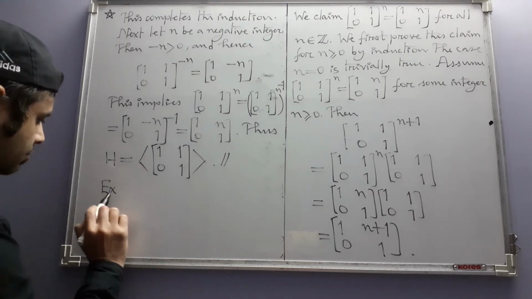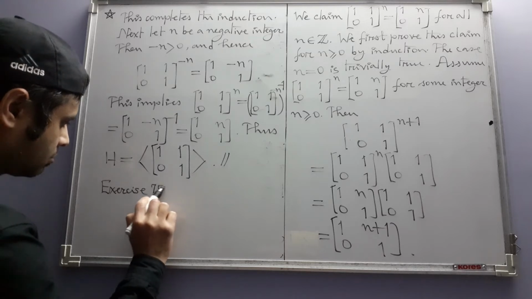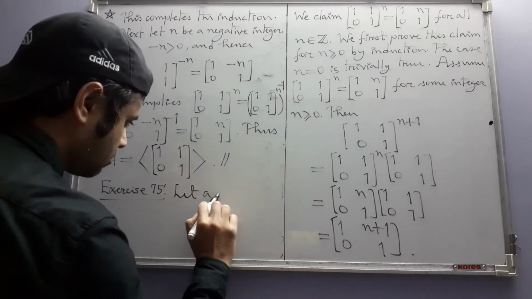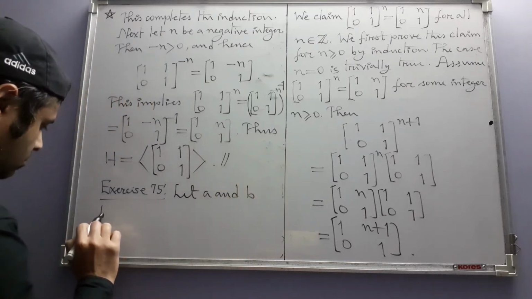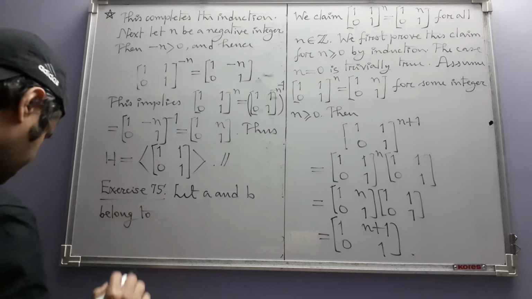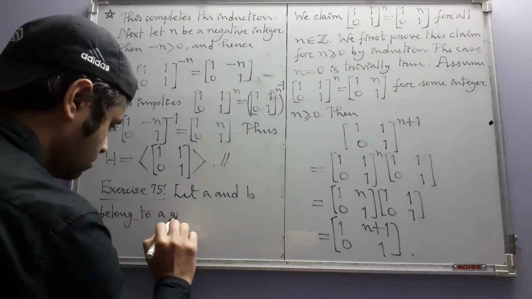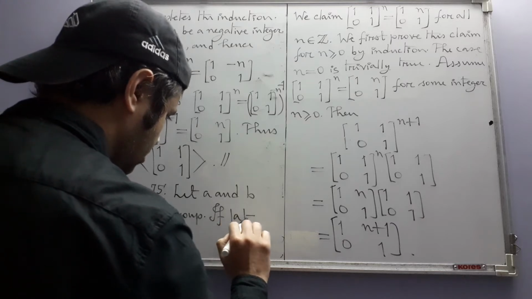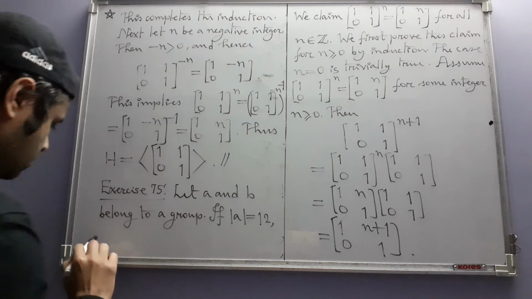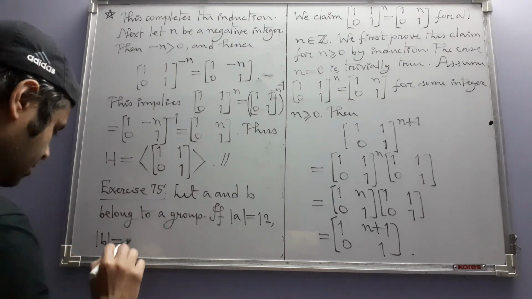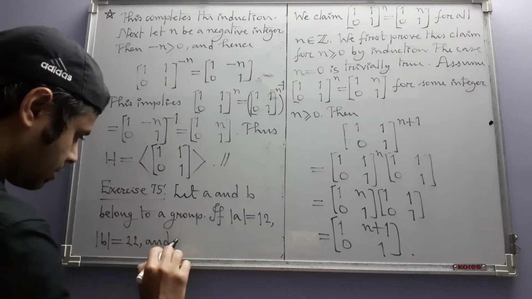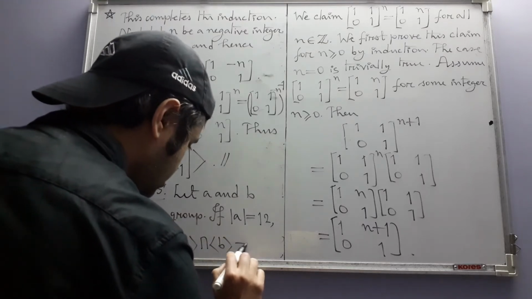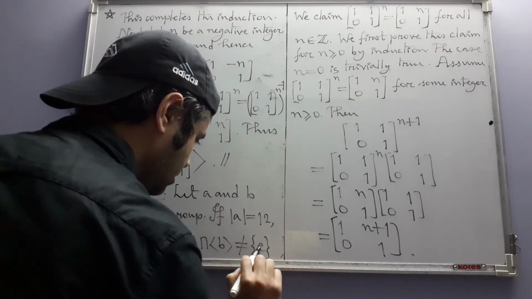Then 75. Let A and B belong to a group. If the order of A is 12, the order of B is 22, and the cyclic subgroups generated by A and B do not intersect trivially. That is, their intersection is not the trivial group consisting of the identity.